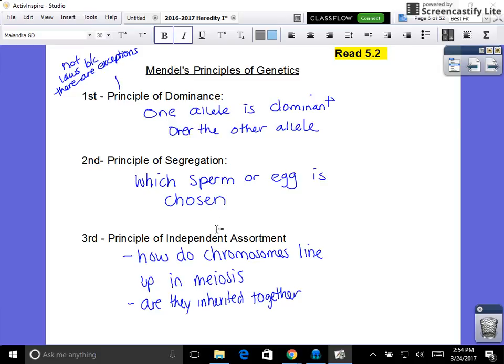So which one gets which information? And then independent assortment is like, how do chromosomes line up in meiosis during metaphase 1 of meiosis? And are they inherited together, or are they on the same chromosome, or are they going to separate? So we'll take a look at these principles as we go.